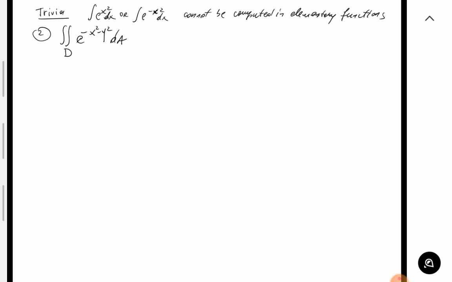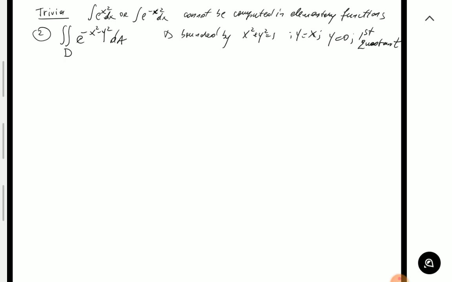And let's say for simplicity, the domain D is bounded by the circle x squared plus y squared equals 1, y equals x, and then y equals 0, and again, first quadrant, in the positive region of the plane.